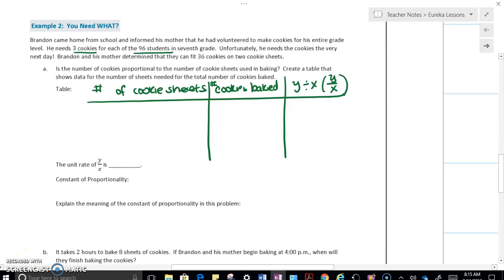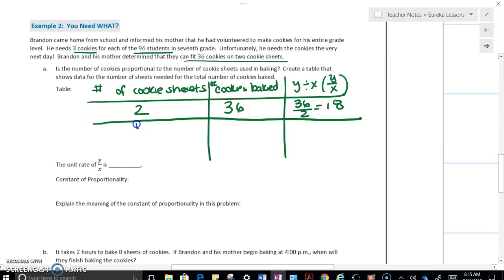Okay, so according to our problem, Brandon and his mother determined they can fit 36 cookies on 2 baking sheets. So with 2 sheets, I can make 36 cookies. So that means per sheet, 36 divided by 2, I can get 18 cookies on 1 baking sheet.